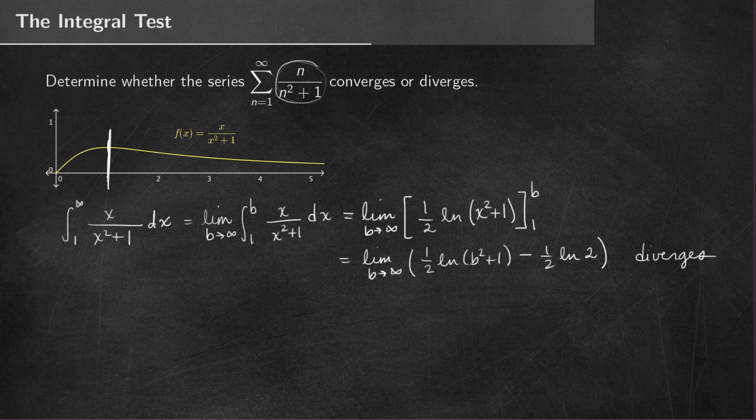And if the integral diverges according to the integral test, then our series diverges. So the integral diverges, therefore our series n over n squared plus 1 also diverges by the integral test.